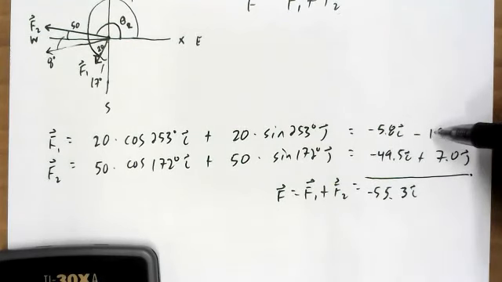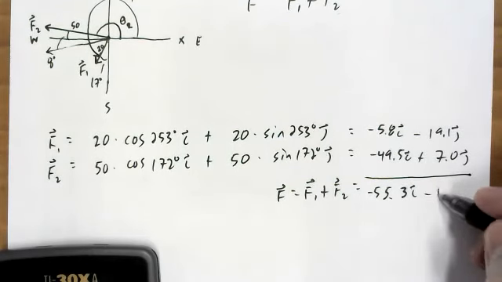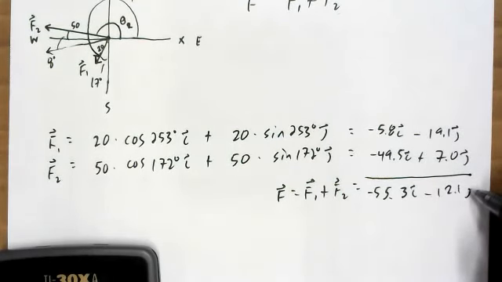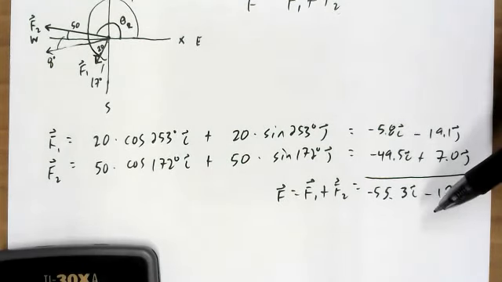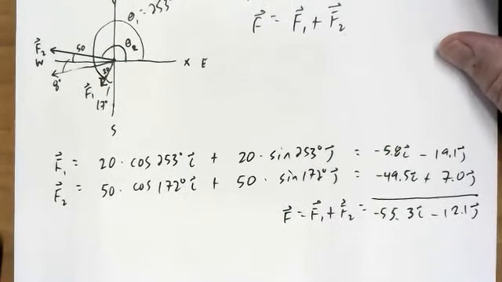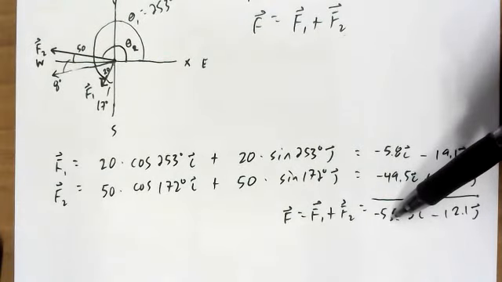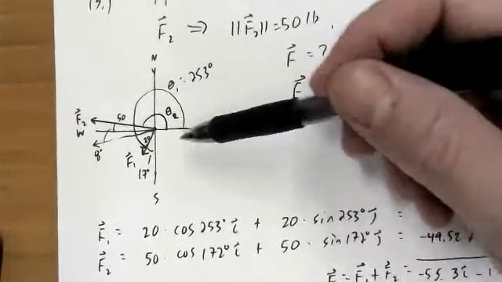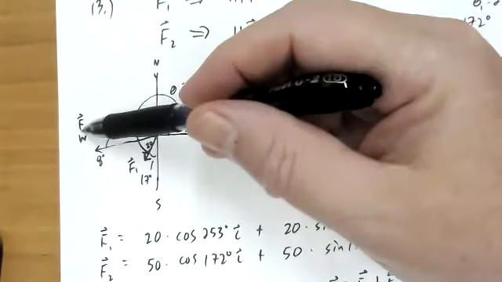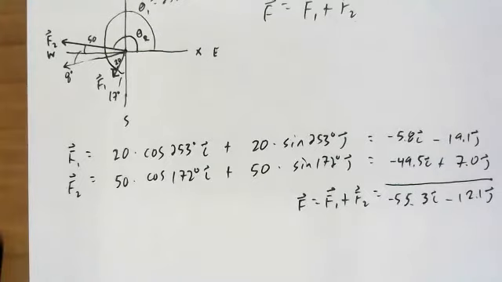Now be careful, because it's negative 19.1 plus 7, so negative 12.1 j. Now what's interesting is, let's go see my initial guess as to where the resultant vector might be. Let's see if this lines up. So it says negative 55 and then negative 12. I think it's in the ballpark.